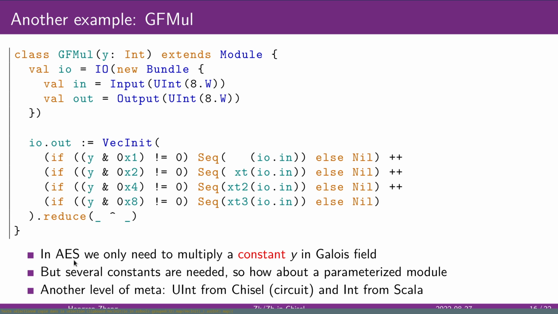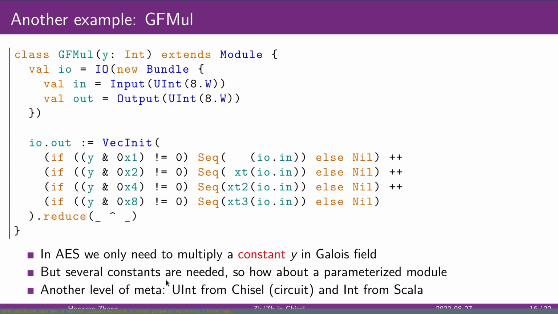But since we need several multiplications, like multiply by 9, multiply by 15, we need a parameterized module. So Chisel here offered us a very good example and a very good level of meta.